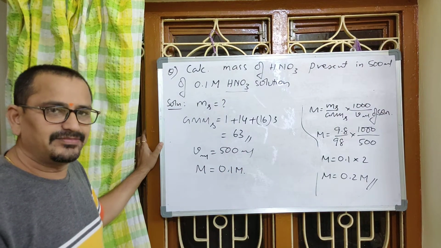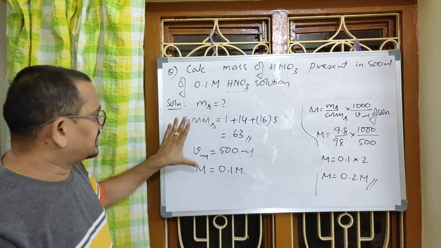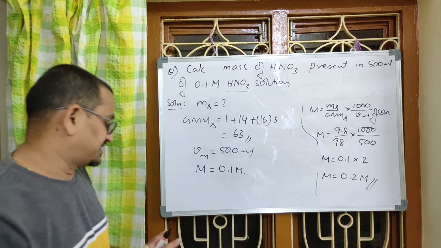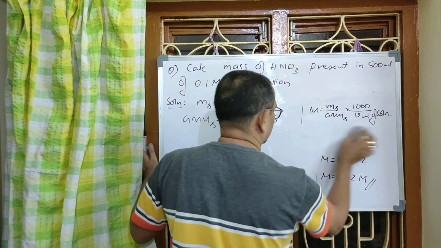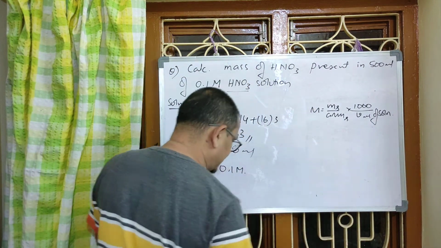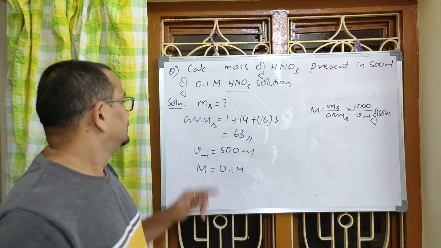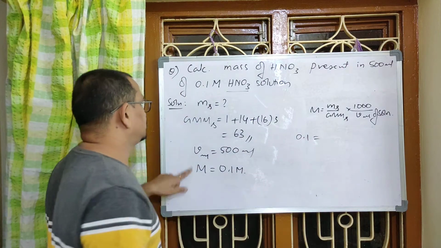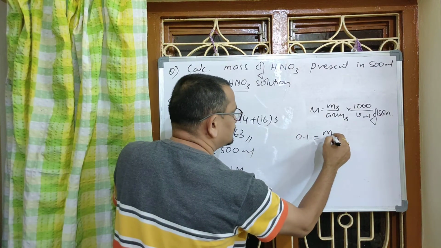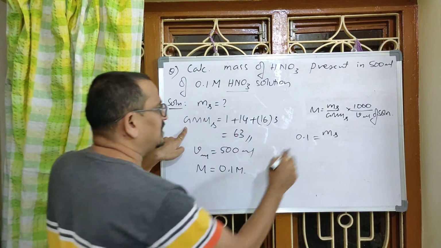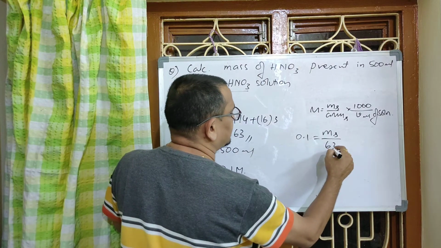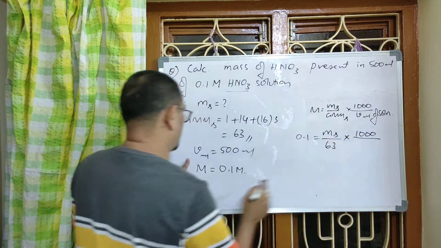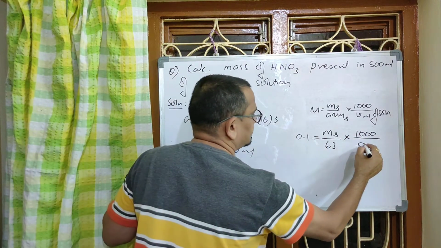What's our next step? Relation between the given values and value to be determined. What's the relation? This is the relation. So, molarity is given, 0.1 equals to mass of solute, we don't know, this is what is to be determined, by gram molecular mass of solute 63, into 1000 over what is volume of solution given? 500.